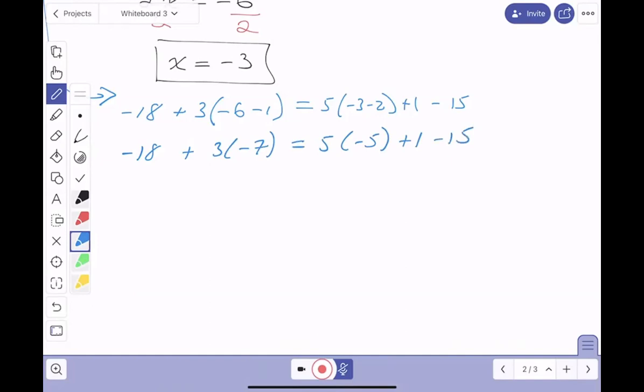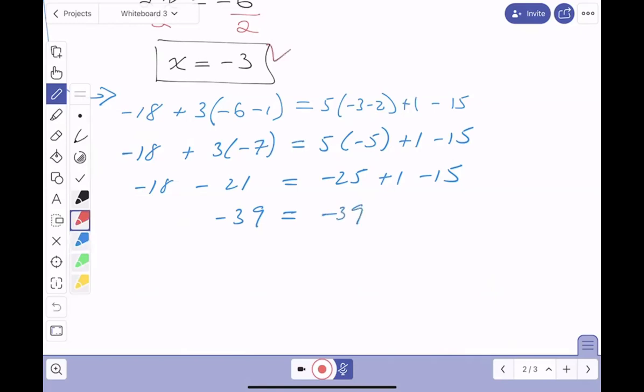Just keep going. -18 -21, -25 plus 1 -15. Boy, it's a lot of work, isn't it? What's -18 -21? Well, it's going to be -39, right? Let's see. -25 -15 is -40. And -40 plus 1 is -39.